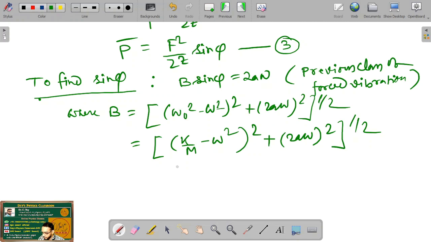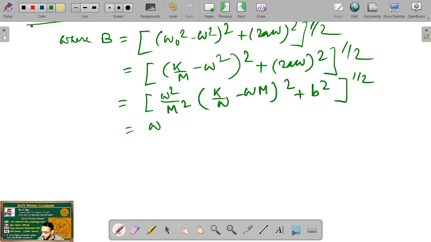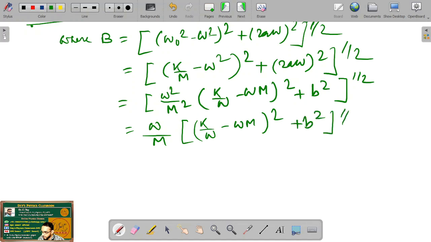Now we take omega square by m square common, then in the bracket it would be (k by omega minus omega m) whole square plus b square, to the power half, or it would be omega by m into (k by omega minus omega m) whole square plus b square, to the power half.